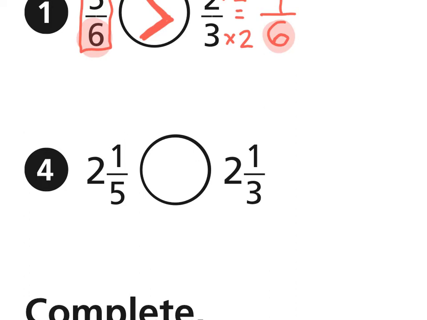What do you want me to do? I want you to talk me through how I can compare 2 1/5 and 2 1/3. So you know that the two whole numbers are the same? Yep. So now going to 1/5 and 1/3.